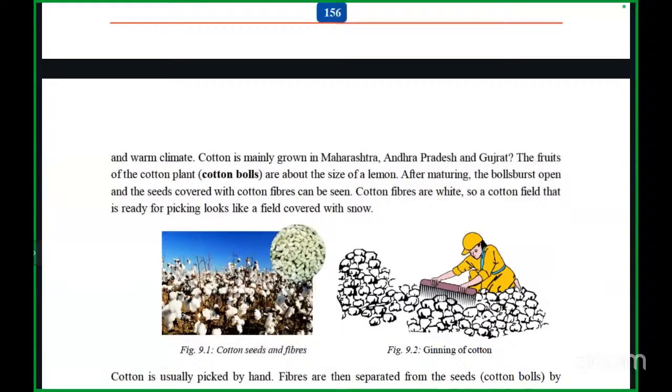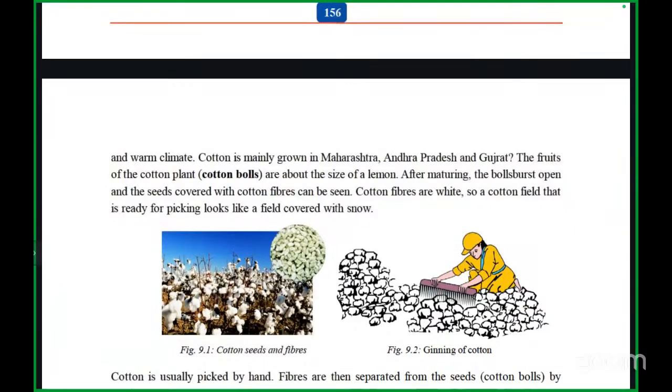Then you separate the fibers from the shell of the balls. Means you open the shell. The shell usually bursts open, so you just open it more and take out all the white color fibers.